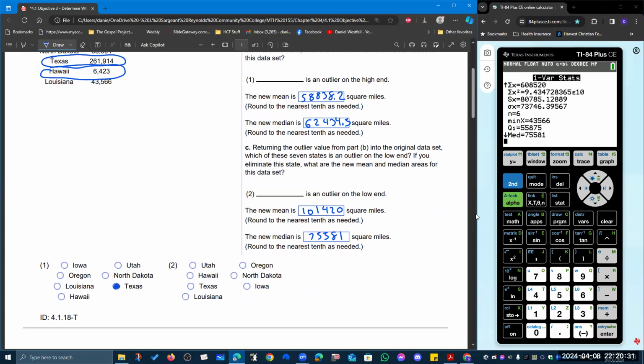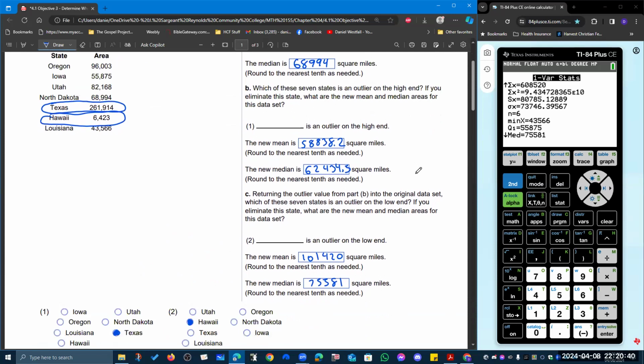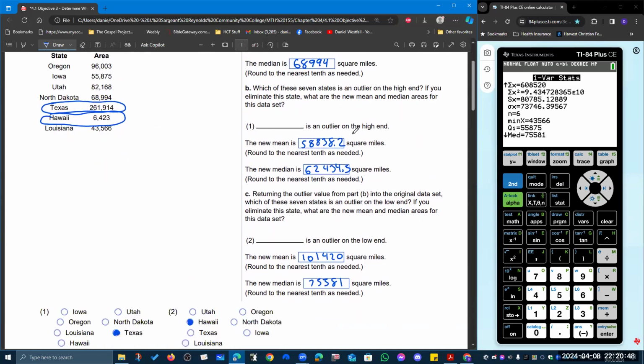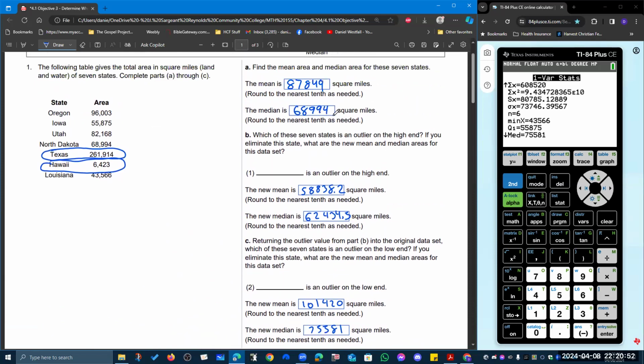My large one that I got rid of was Texas, and my small one that I got rid of was Hawaii. Comparing these numbers, relatively speaking, the mean was influenced much more by getting rid of outliers than our median was.